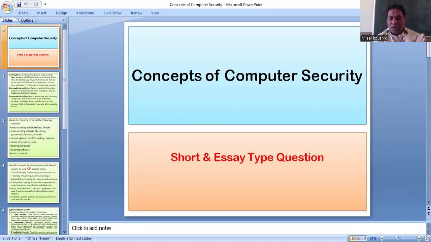Based on this discussion, in providing security we have to depend on some concepts. So what are the various concepts used to provide security?